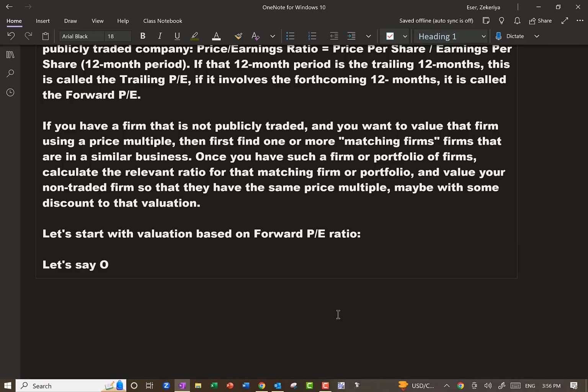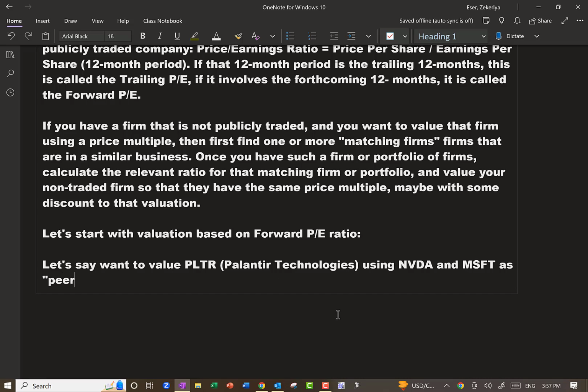Let's say I want to value PLTR, which is Palantir Technologies, using NVIDIA and, let's see, Microsoft as peers, right? Let's see how we would do that.